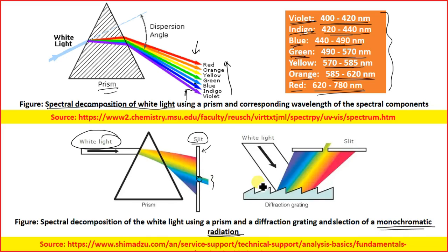But if you make it very small, and the order of the diameter of the slit matches the wavelength, then there will be diffraction of that monochromatic light also, and it will not follow a straight line.